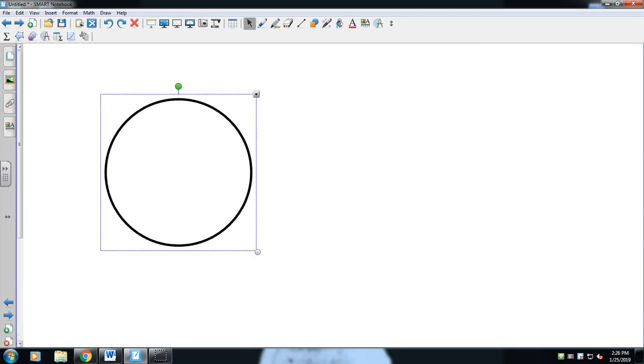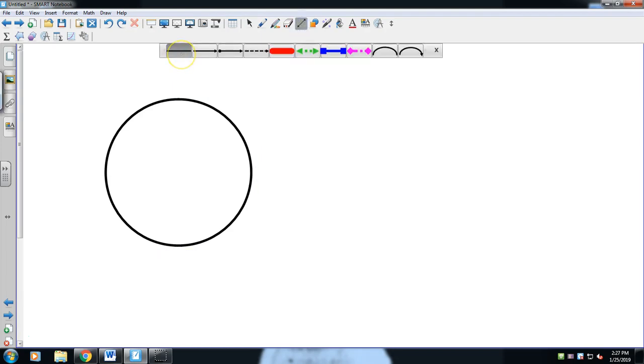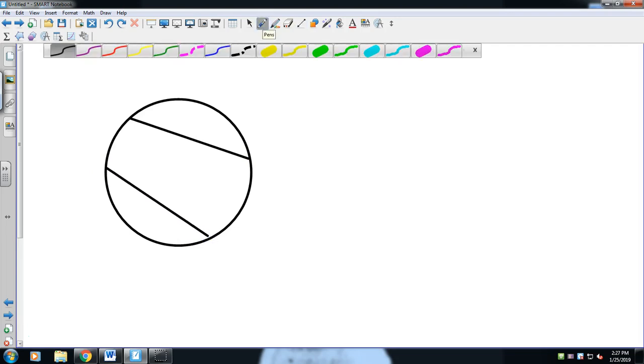Okay, this one is interesting. Let's say we had a couple of chords. Let's say one right there, and then one right here. Let's get our center in there.